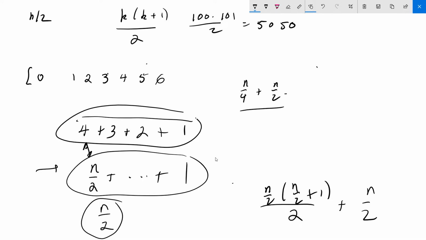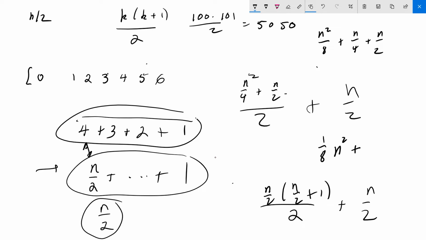Thank you. n squared over 4 plus n over 2, okay, plus n over 2. So that's n squared over 8 plus n over 4 plus n over 2, which is 1/8 n squared plus 3/4 n.